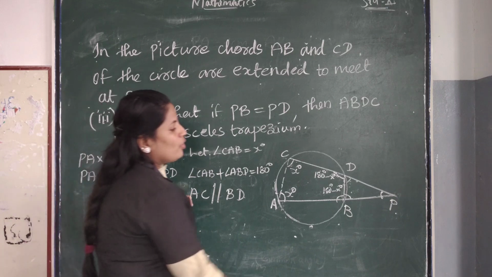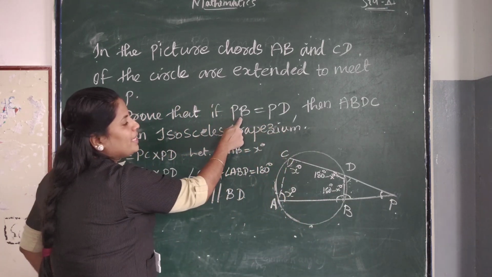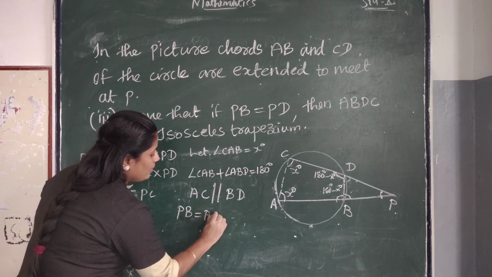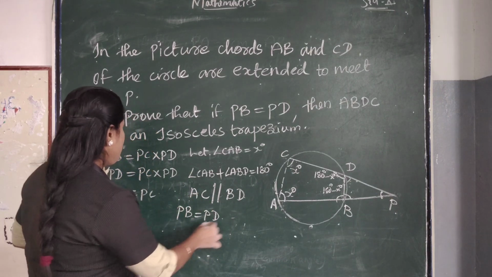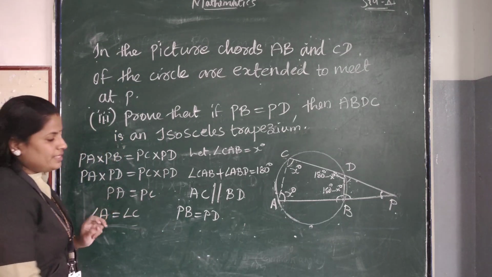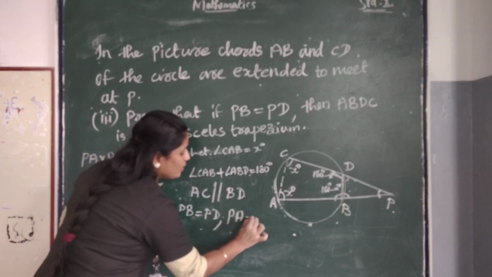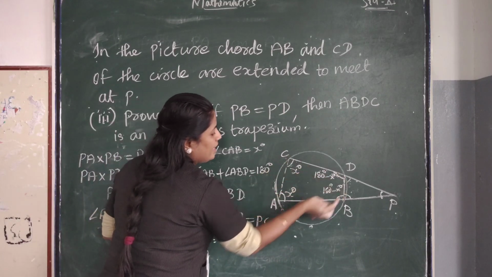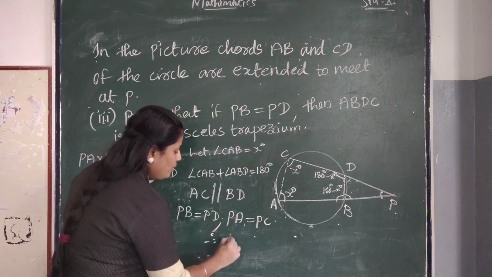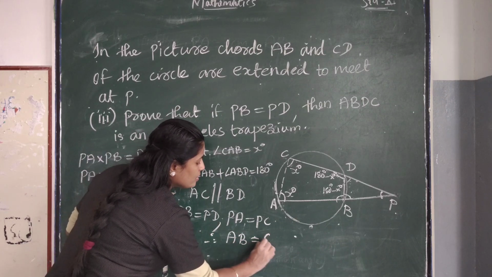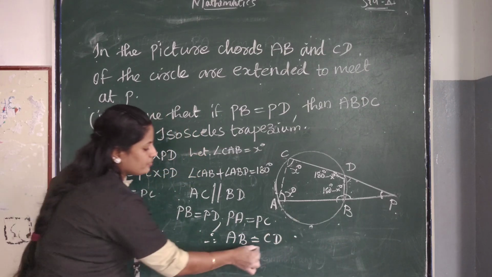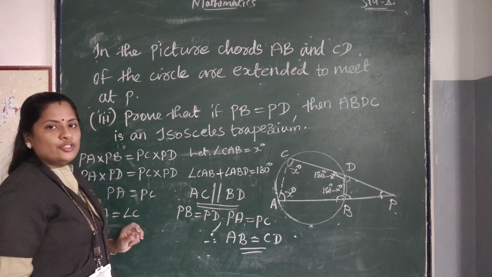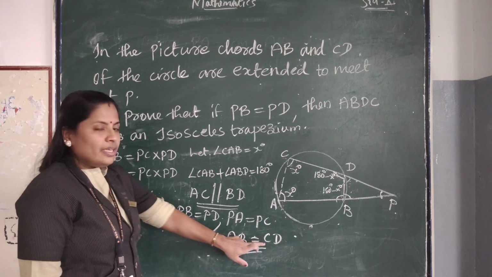Then we know from this question PB equal to PD, then PA equal to PC. Therefore, we can write CD equal to AB. AC parallel to BD, AB equal to CD.